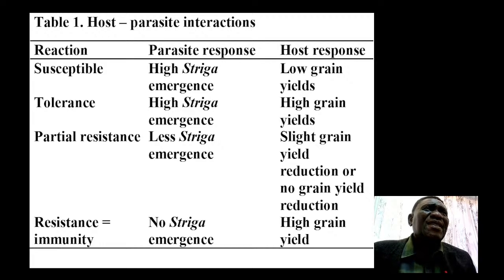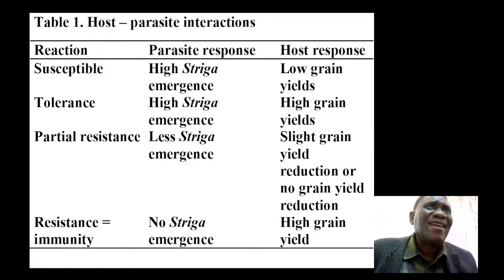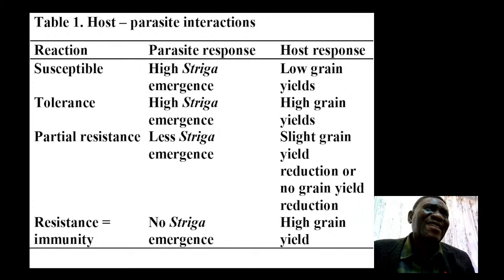Now let us look at the host-parasite relationships. Now a host can be susceptible. It can have high Striga emergence and low grain yields. If the host is tolerant, it may have high Striga emergence but also high grain yields.